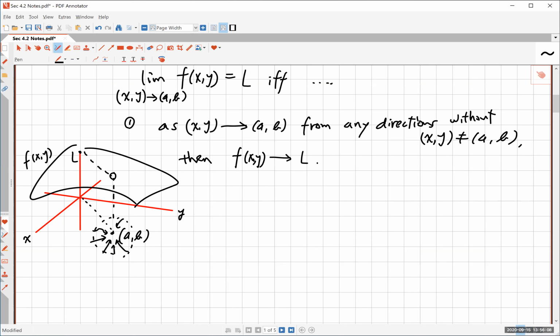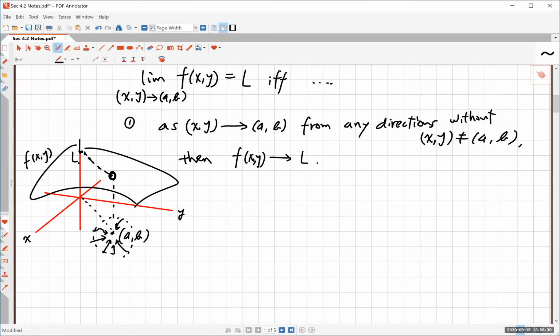Any direction, in any way, if x, y is approaching a, b and getting closer and closer to a, b, what's happening with the value of f of x, y? Well, let's say at f of a, b there's maybe a hole, but if there were no hole, this value is L. We want to say the limit is L if, as x, y approaches a, b from all directions, f of x, y approaches this height, this z value L, from all directions.